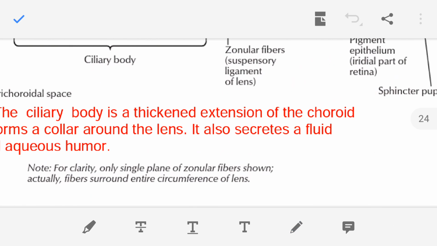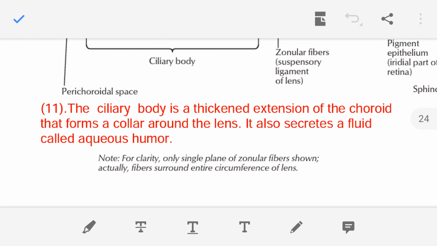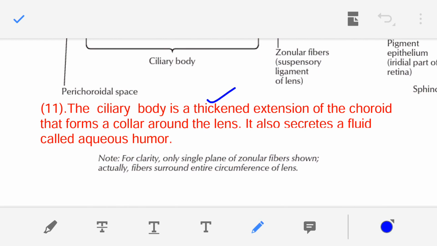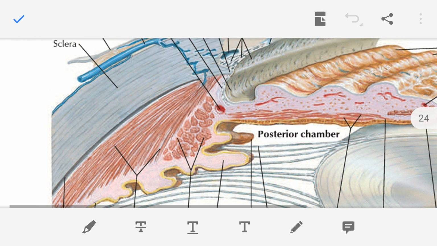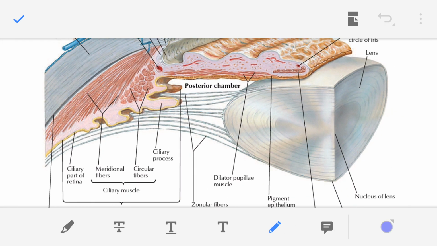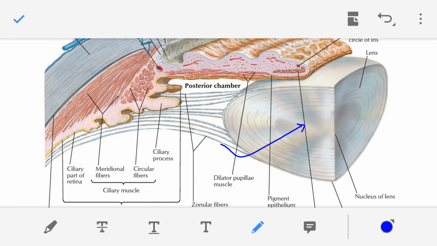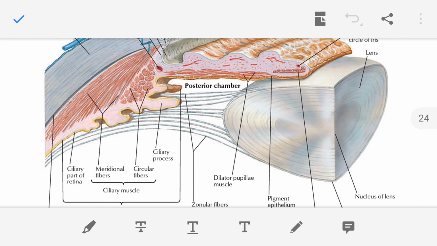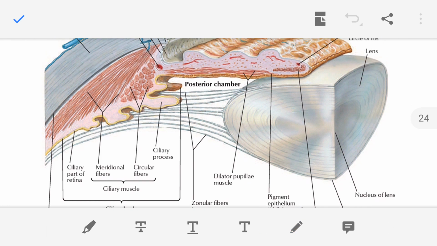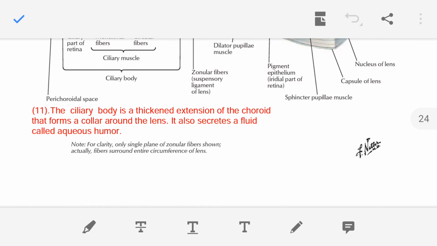The ciliary body is a thick extension of the choroid which forms a collar around the lens. Here this is the lens, and you can see this collar-like structure the ciliary body is forming on both sides of the lens.